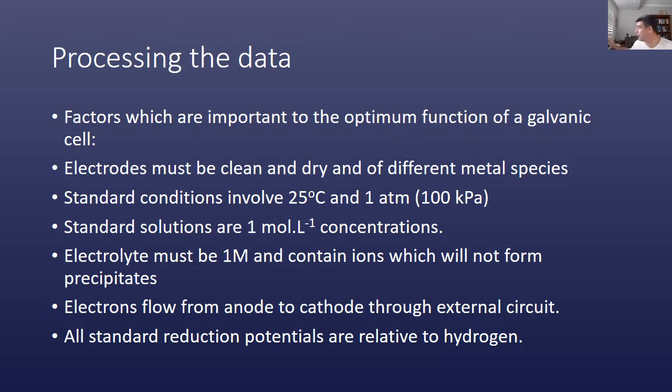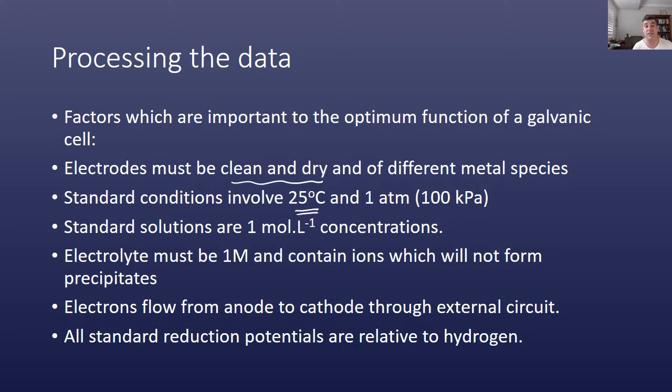This just gives you a little bit of an idea of some of the conditions under which galvanic cells operate, and we'll look at how we can connect a few different types of galvanic cells and calculate their cell voltages in the next video. So some of the important things just to have a look at then, quickly reviewing the key factors that are part of optimum function of your galvanic cell: clean and dry electrodes, standard conditions of 25 degrees and 101 kilopascals.